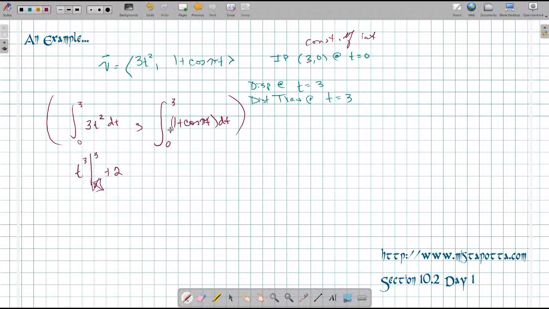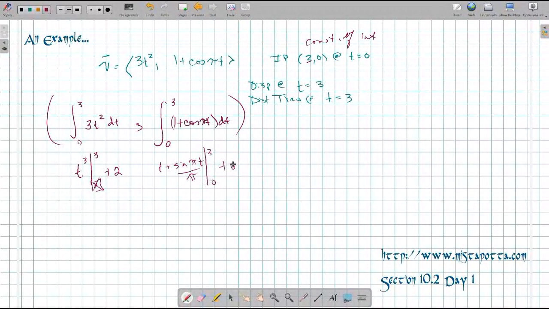And I'm going to need to do the same thing over here. This is going to be t plus the sine of pi t over pi, which I'm evaluating from 0 to 3.